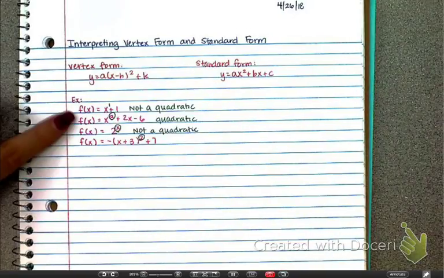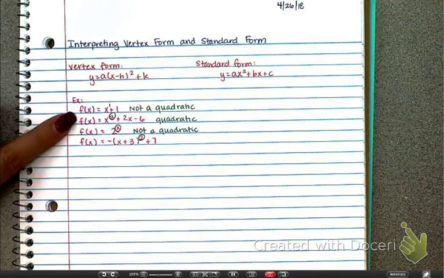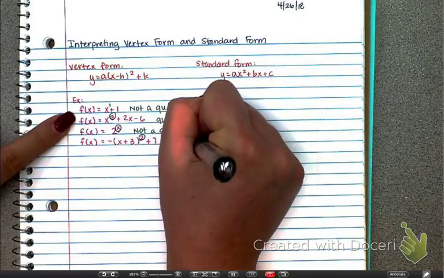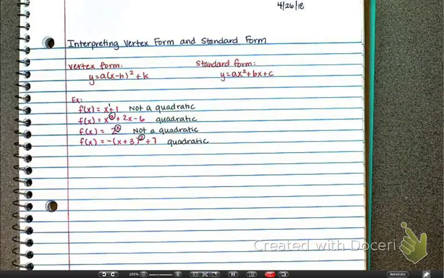Which form was this? Standard form. Okay, so if you are asked to identify if a function is a quadratic function or not, you are looking for the highest exponent, and as long as it's a 2, you're good. If it's not, it's not a quadratic function. Okay? Can we move on from that? Yes. Okay.